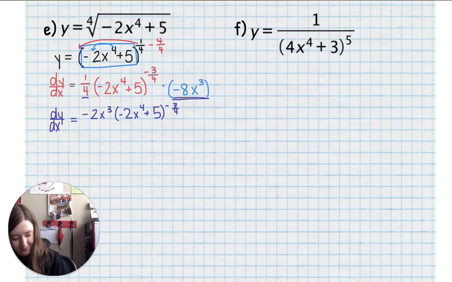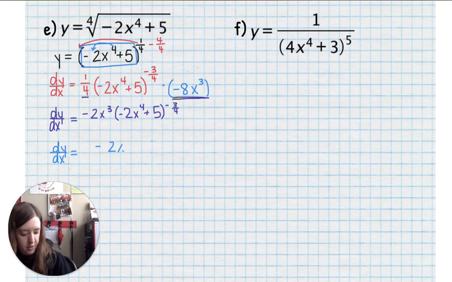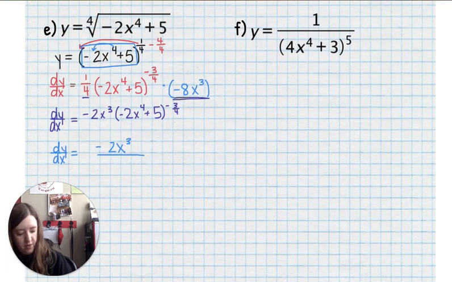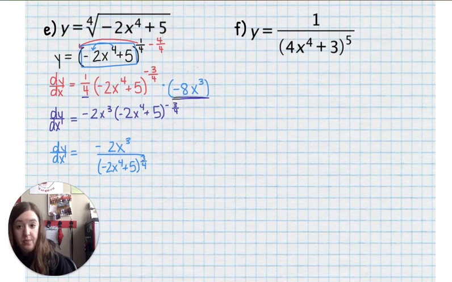Or we can write that with a positive exponent: negative 2x cubed over negative 2x to the 4th plus 5 to the positive 3/4.